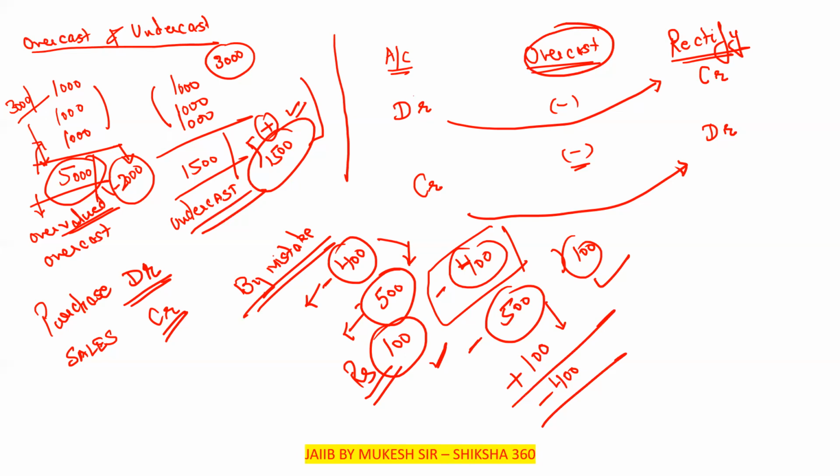Okay, now the next one. I will write it on the next sheet. Similarly, we have to understand the case of undercast. In undercast, we have taken less, so we have to add. In the case of debit, we have to do debit.